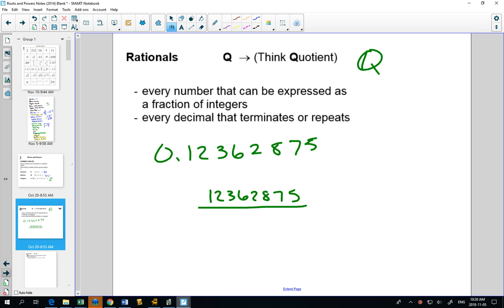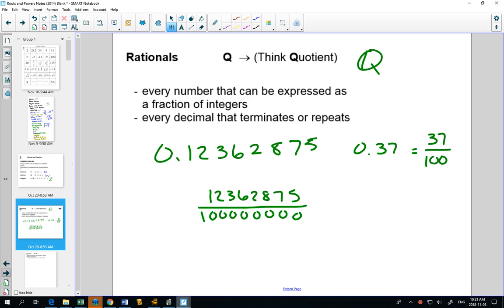Over... Now, when you write a decimal, you should have said stop earlier. If I had written 0.32, or let's do 37 just for fun, you could write that as 37 over 100.